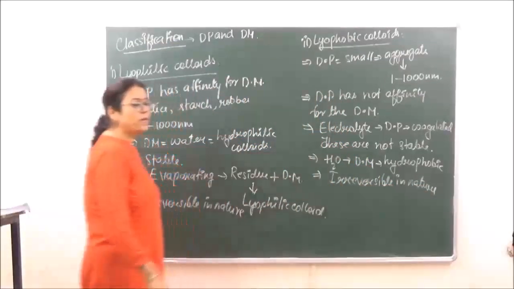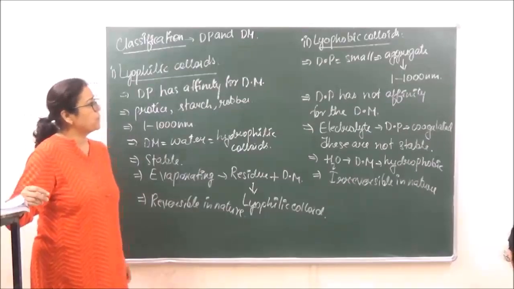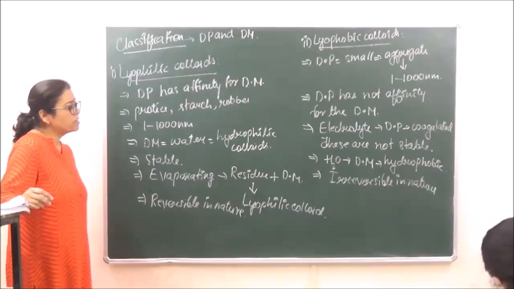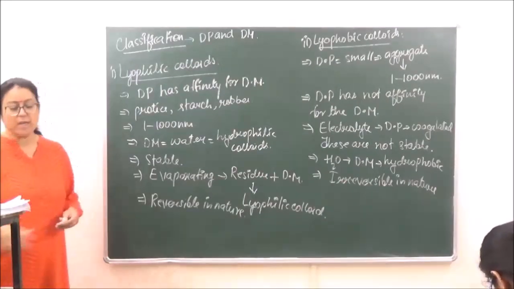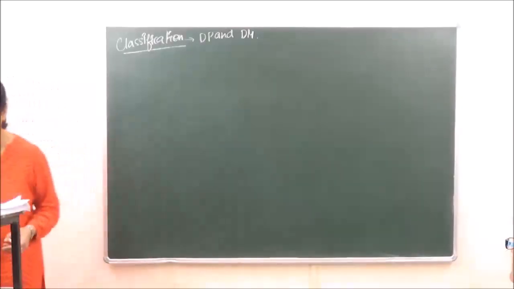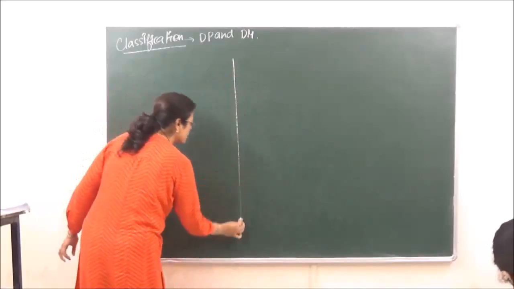So we've done two types of colloids over here. One is the lyophilic and the other one is lyophobic. Depending upon their properties, let's differentiate between the two types of colloids. Let's differentiate between the lyophilic colloids and lyophobic colloids.